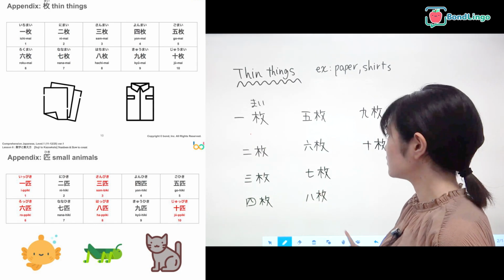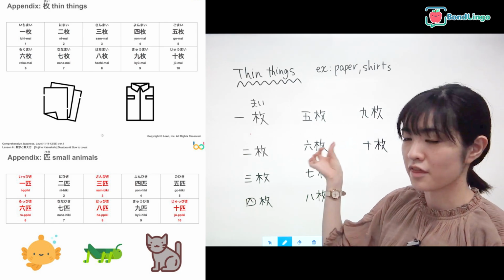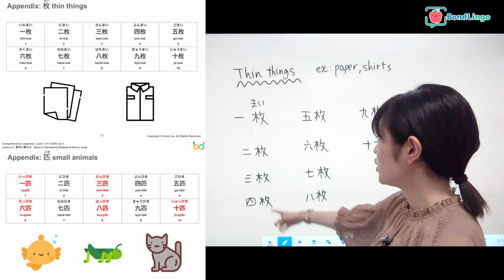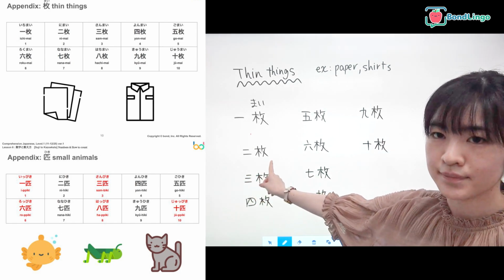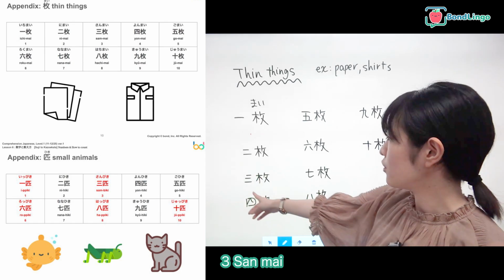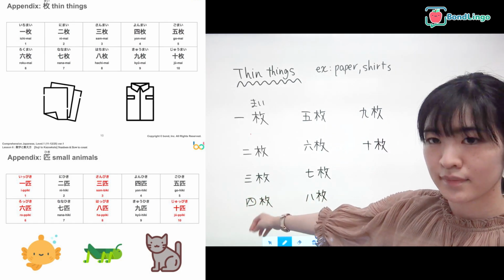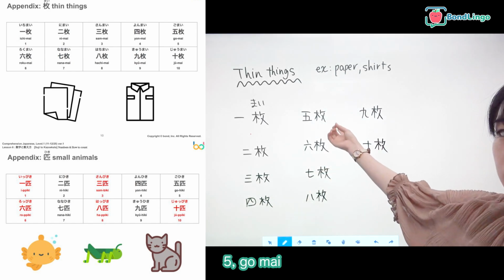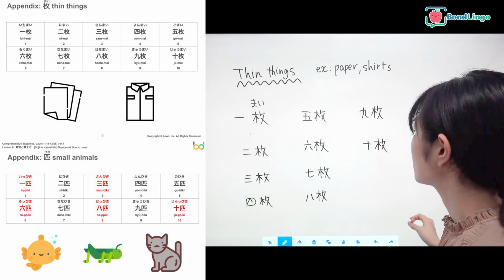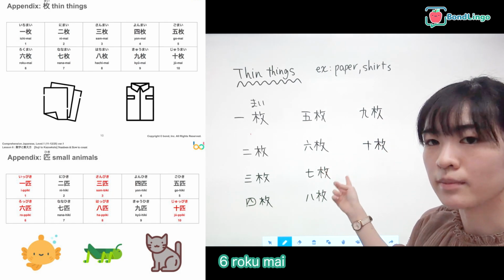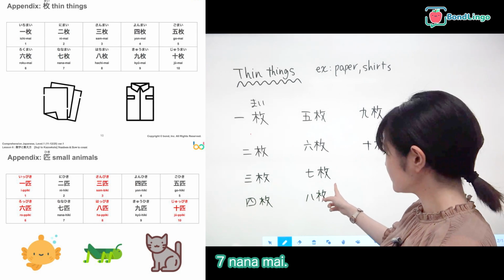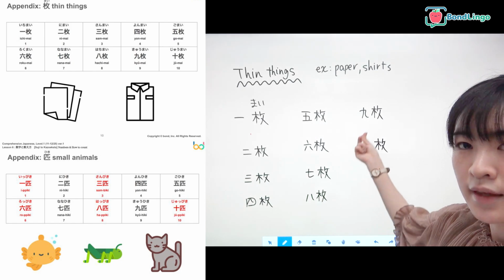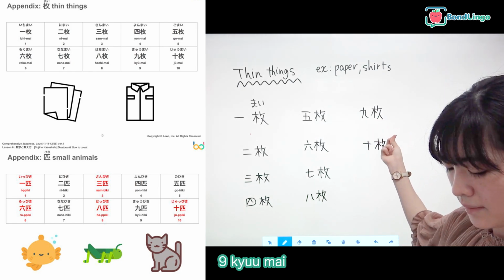First, 1 thin object, ichimai. 2, 2枚. 3, 3枚. 4, 4枚. 5, 5枚. 6, 6枚. 7, 7枚. 8, 8枚. 9, 9枚.